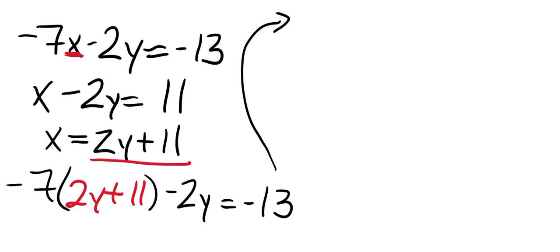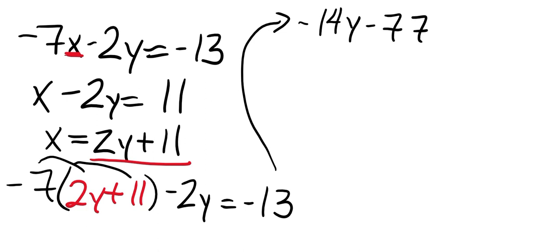We're going to continue up here. If we distribute the negative 7, we're going to have negative 14y minus 77 minus 2y equals negative 13.